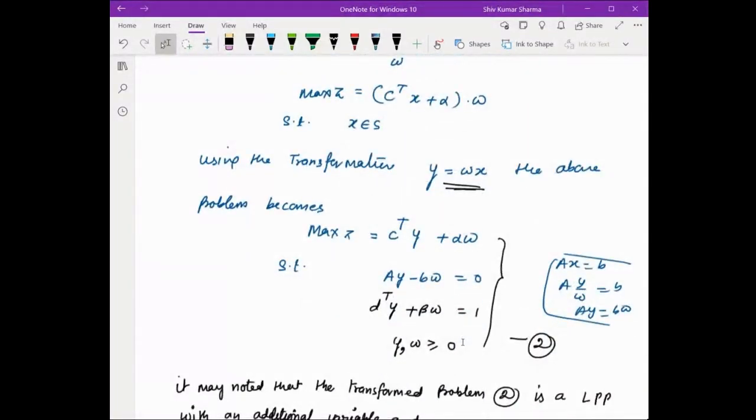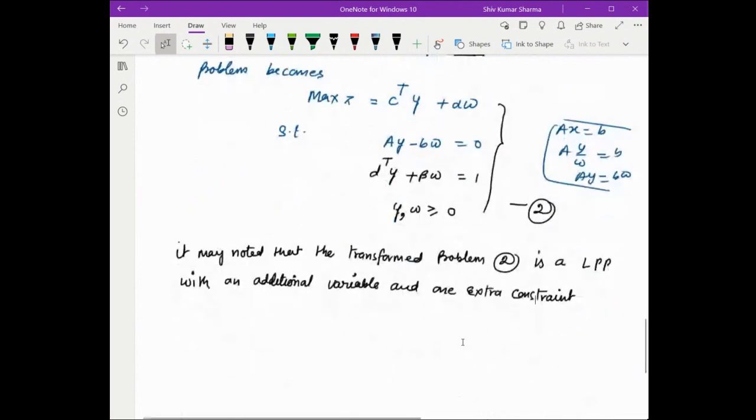So one variable is additional and one constraint is also additional, as compared to the original problem.